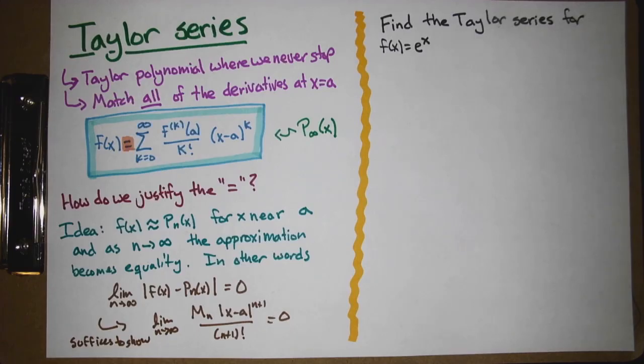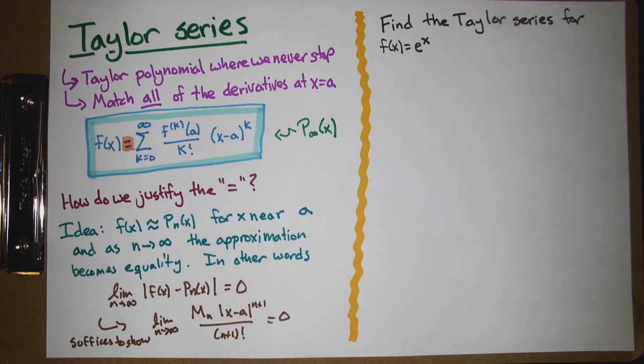We're doing an approximation. So let's look at the error, the difference between the function and this Taylor polynomial, and we'll let n get big. So if the error gets small, we get equality. We win.